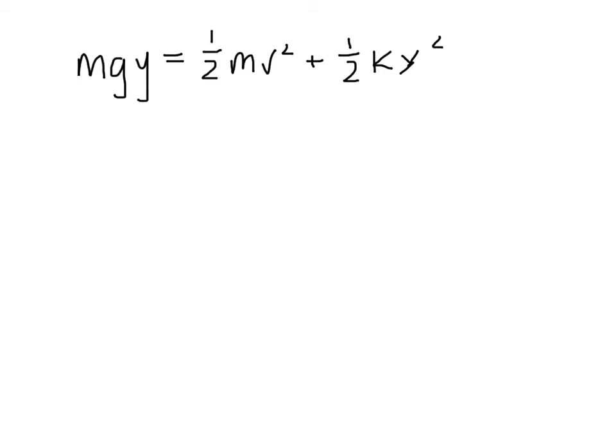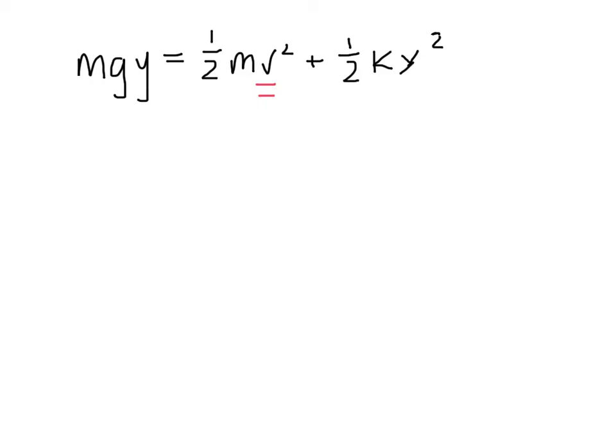And again, x or y doesn't matter, just make sure you're being consistent in your usage. And I'm going to solve for this algebraically. I want to solve for v, so again, you get points on the AP exam for doing things algebraically, not for solving it. So putting the numbers in now is really not a good idea.